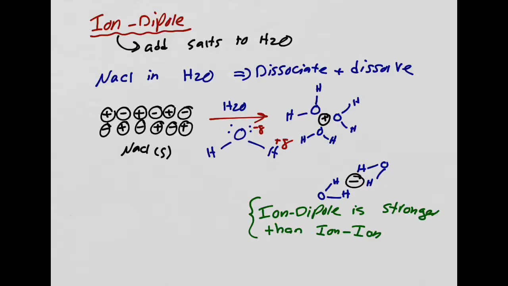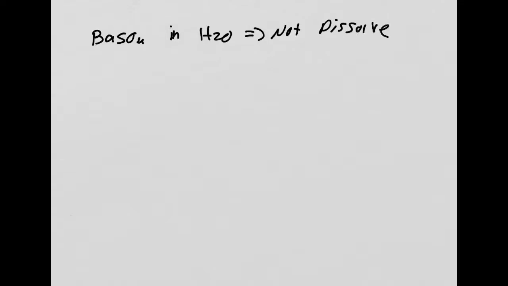Now, let's talk about barium sulfate. If you add barium sulfate to water, it would not dissolve. Why wouldn't it dissolve? It wouldn't dissolve because the ion-ion interaction in the barium sulfate is going to be stronger than ion dipole.